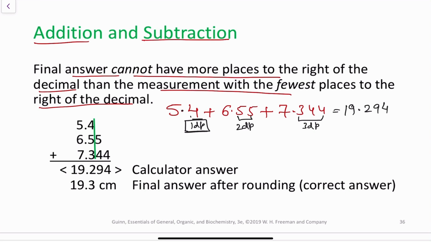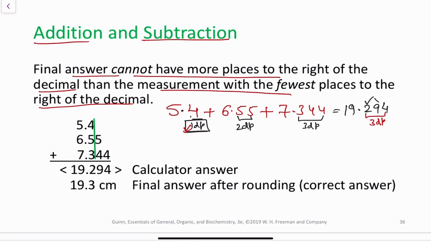19.294, right? Your calculator will give you 19.294. How many decimal places do you have in your number? You have 3 decimal places, but how many do we need? Just 1, because this is the lowest one. So how are you going to do it? You have to apply the round off rule again, right? So you just need 1 decimal place, which is this after the decimal.